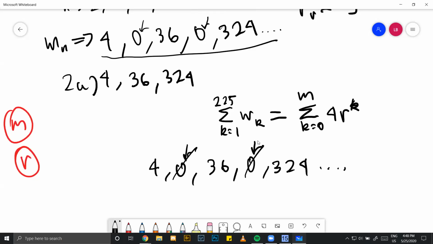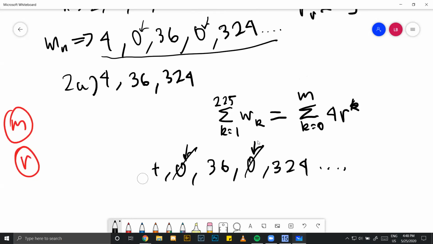So you're actually summing up a geometric sequence, but the zeros are offsetting you a little bit. You look at your first term of 4, then your second term of 0, then the third term of 36. Within the first 3 terms, you've hit 2 terms of a geometric sequence, but you've hit 1 term which offsets you a little bit, which is why the m value is going to be slightly offset. But essentially you have the same geometric series over here.